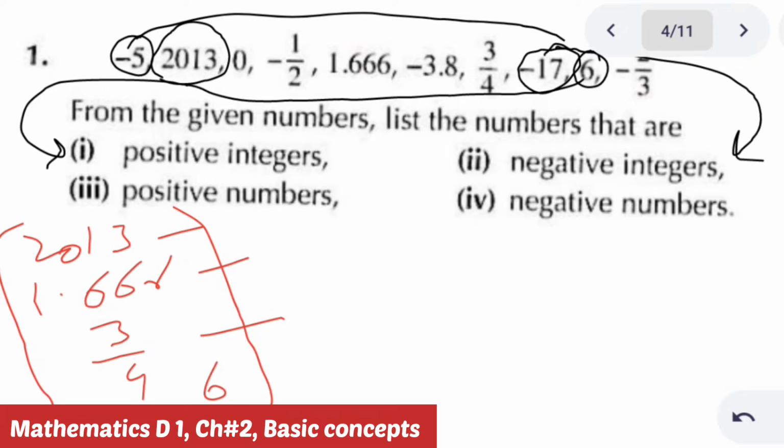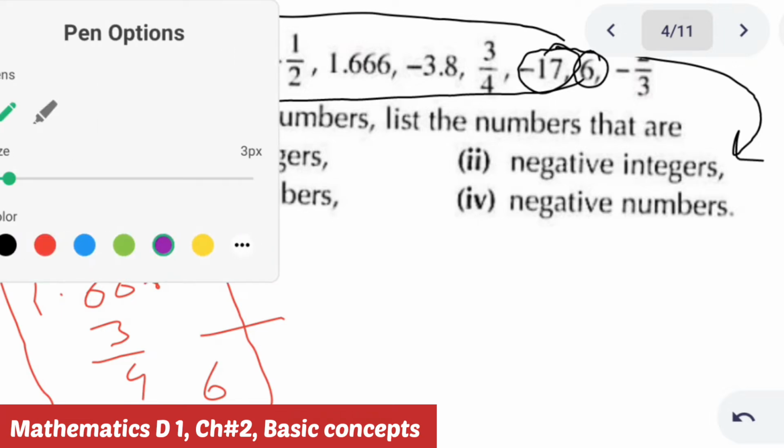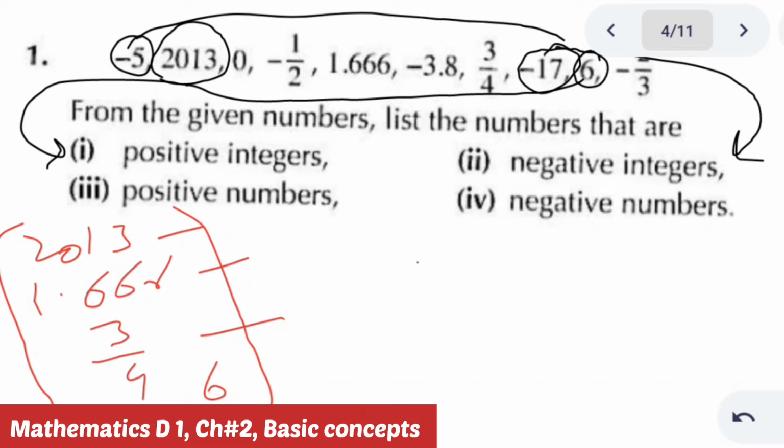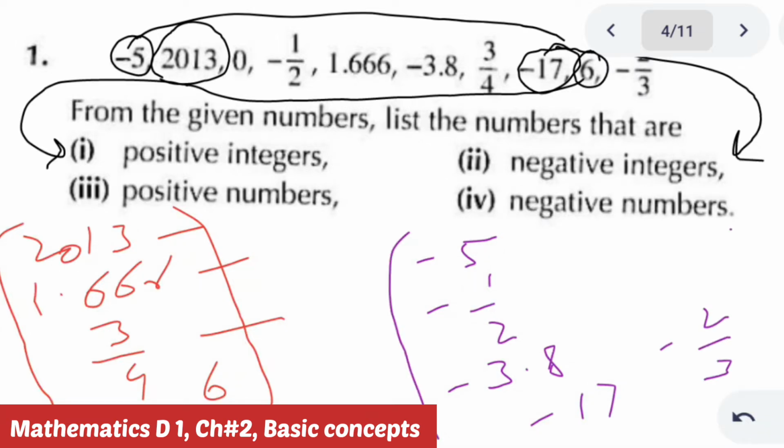Similarly, the negative numbers are listed as: the first one is minus 5, then minus 1/2, minus 3.8, minus 17 and minus 2/3. So these numbers are the negative numbers.